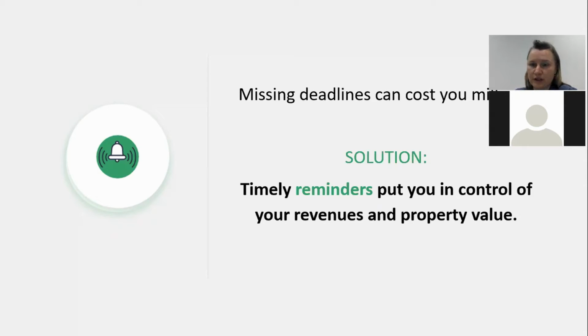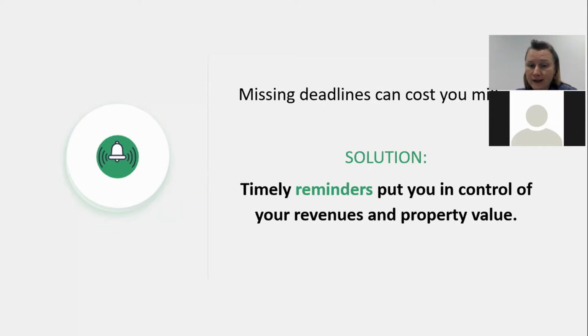This means both indexation windows, any notifications for negotiations before the contract end period, and contract termination. Also, in case there are insurance requirements, which is very common in retail spaces, especially with restaurants, making sure that these tenant insurances are actually valid. So basically keeping control of the deadlines and making sure you don't miss them.